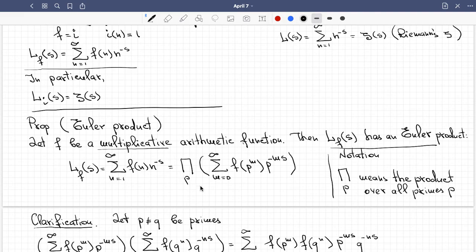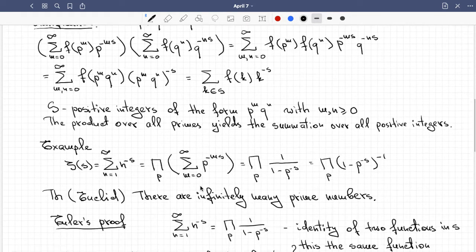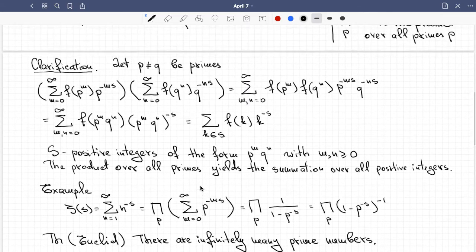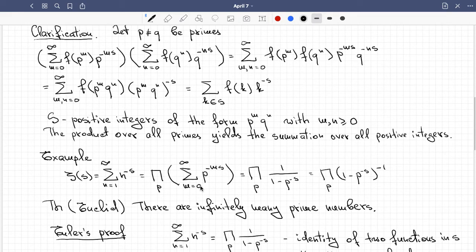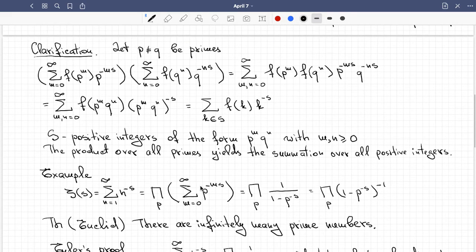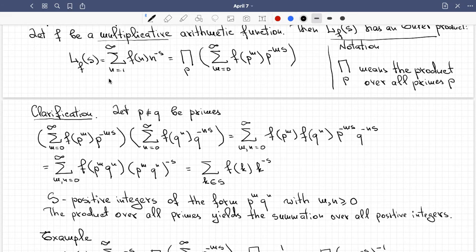This is the Euler product. Although it is very simple to understand where it comes from, it is a powerful and interesting tool.